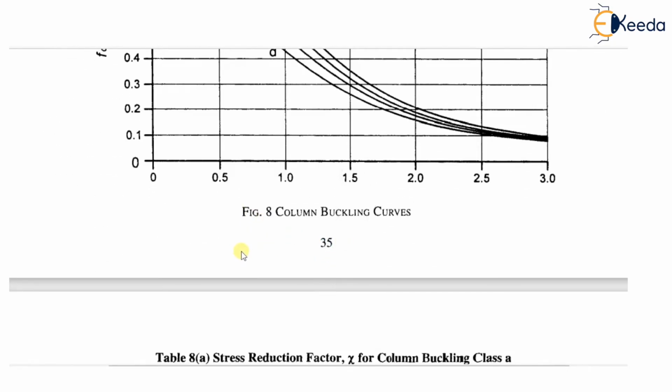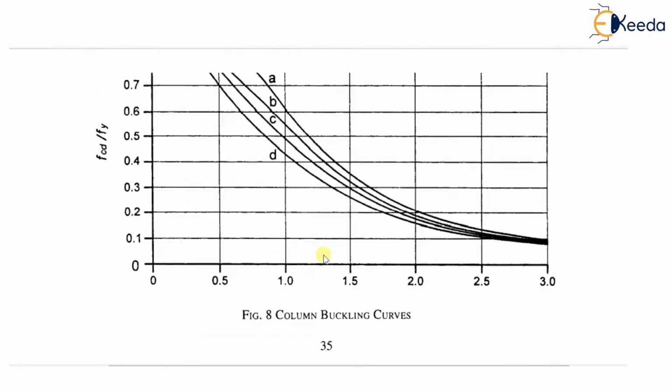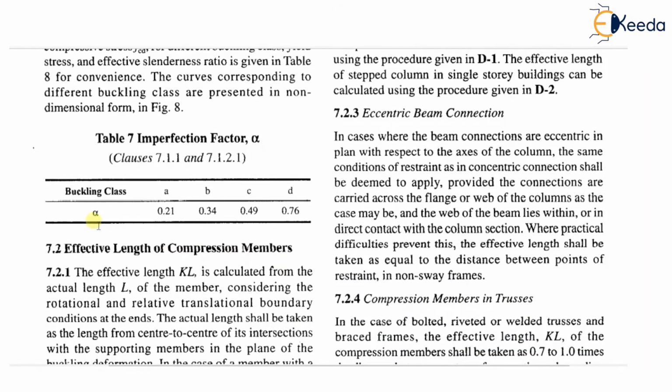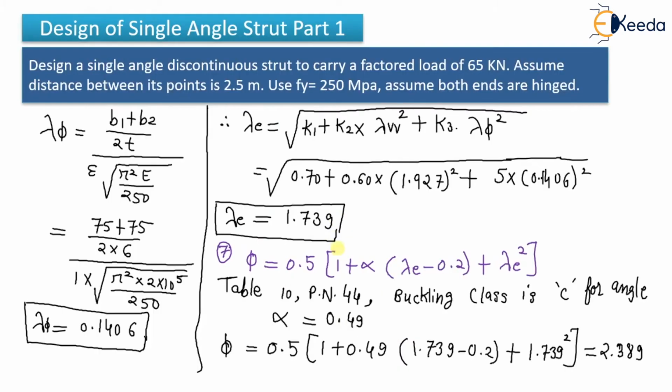So you actually have to refer to 2 pages. I just mentioned 44, I will also mention page number 35. On page number 35, the value of alpha is 0.49 and it is table number 7. So coming back to our numerical, I'll mention here that this alpha is taken from page number 35, table 7.